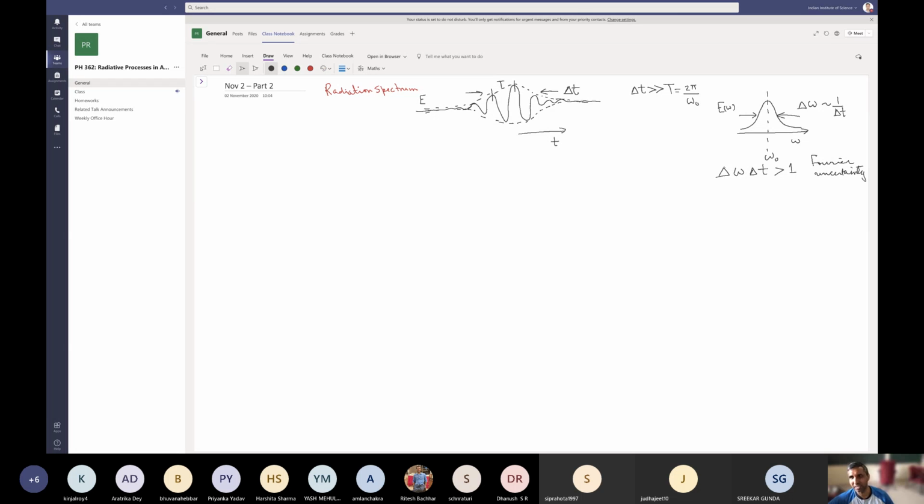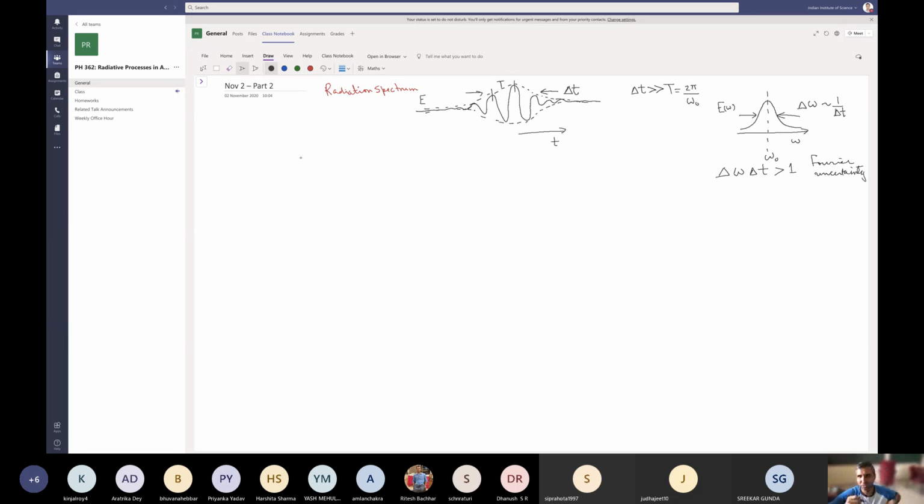So if the wave is very narrow in frequency, like an infinite monochromatic wave, then it will be very broad in time. Mathematically this is equivalent to the uncertainty principle in quantum mechanics.